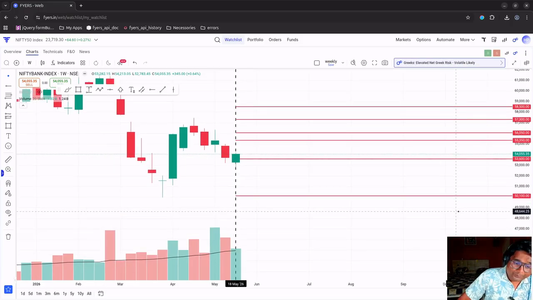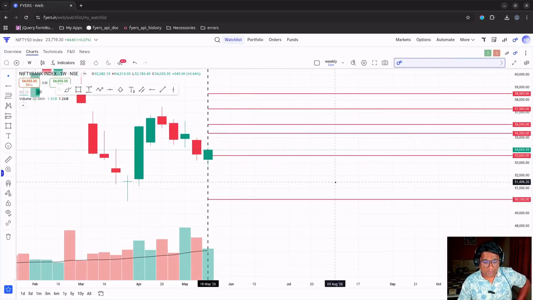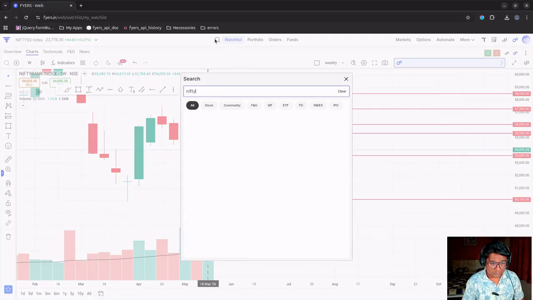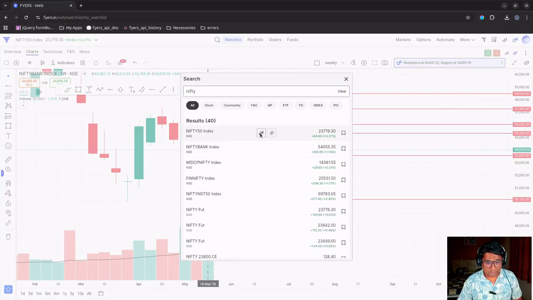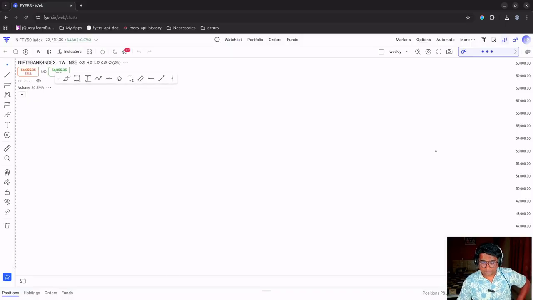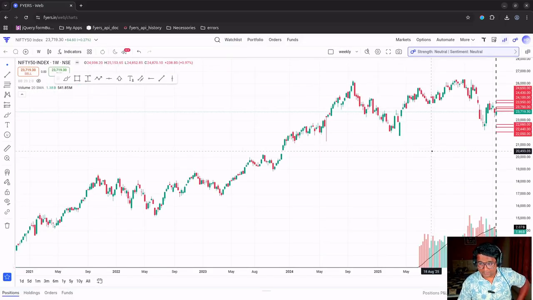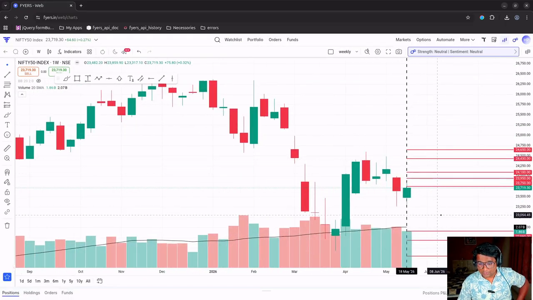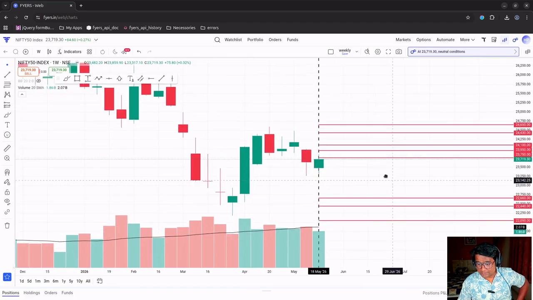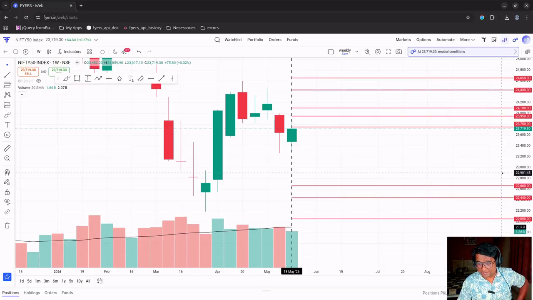And see, in Nifty weekly, I told you that if the low breaks, then the target is what? Yes, you can see. I told you if this 23,260 breaks, then the target is 22,660.